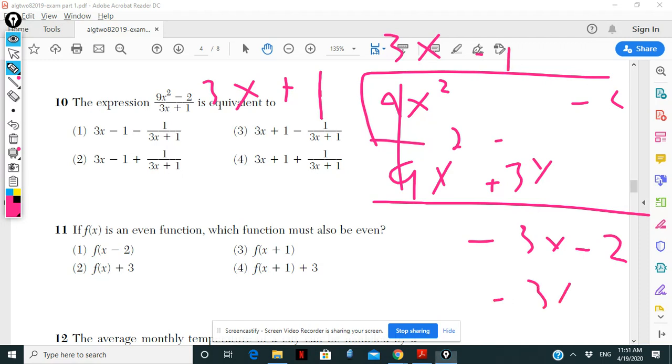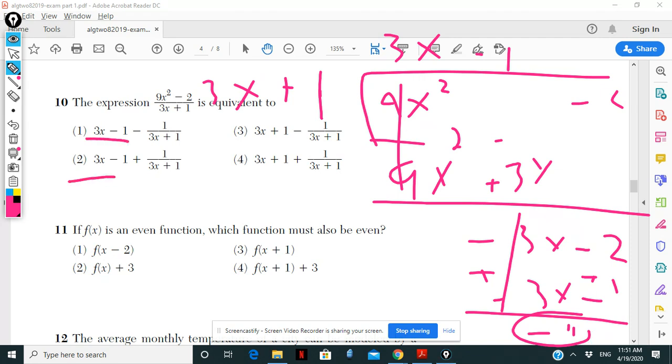So negative 3x minus 1. Switch the sign, let's cancel out, and I have negative 1. So the negative 1 is a remainder. So it should be 3x minus 1 minus 1 over 3x plus 1. So for 10, it's number 1.